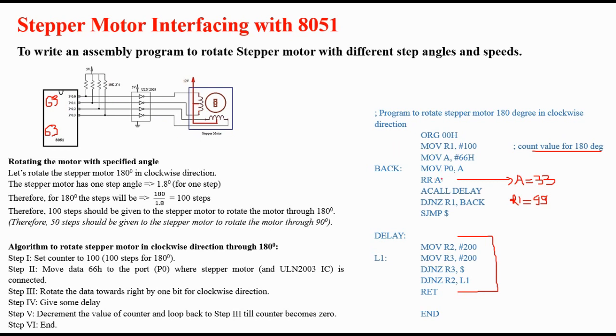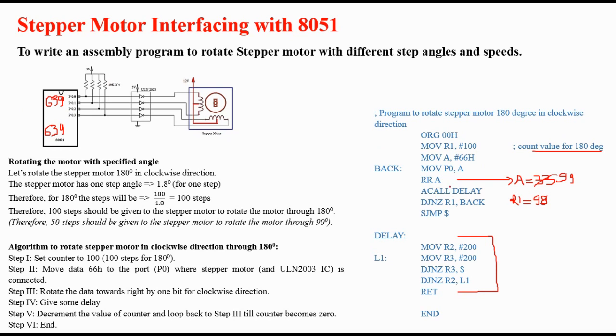Then rotate right the content of accumulator. The content of accumulator will become 99. After some delay, decrement jump if not 0. So 99 will become 98. Yes, it is not 0. Jump back. Again move A, that is 99, to port P0. So 99 will get moved to port P0.